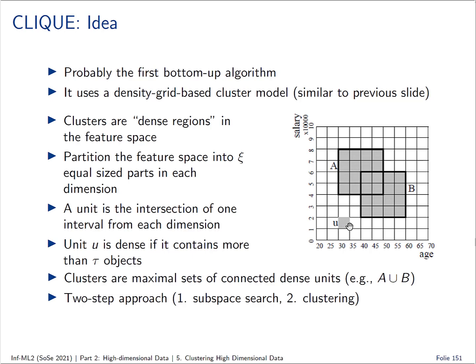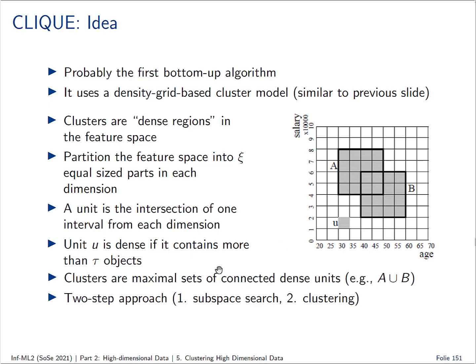The dense grid cells are in the middle of a cluster, and maybe there are neighboring dense grid cells. So clusters are defined as maximal sets of connected dense units. For example, here we have one big set of neighboring grid cells, and this is considered to be a cluster.